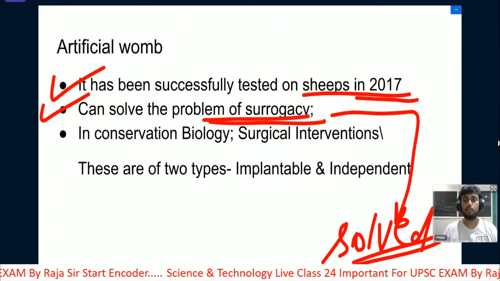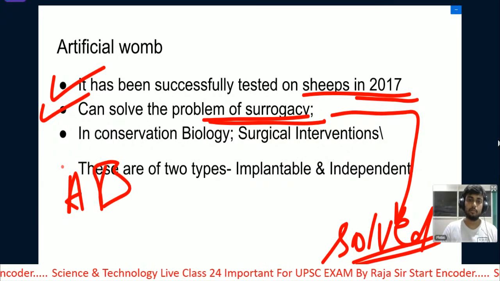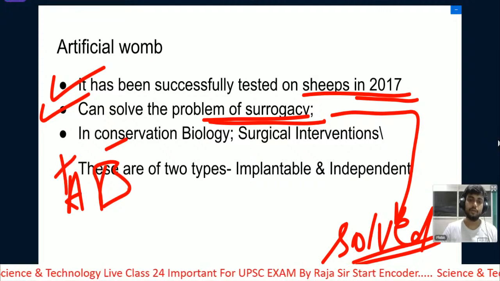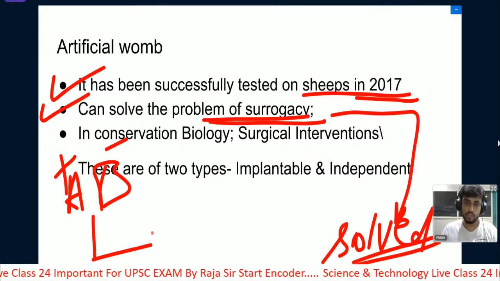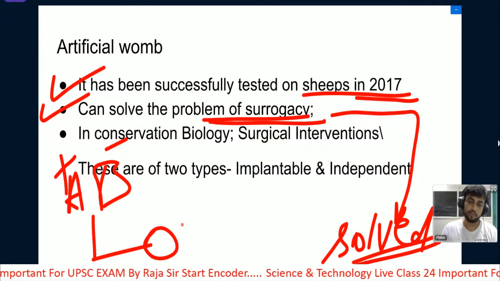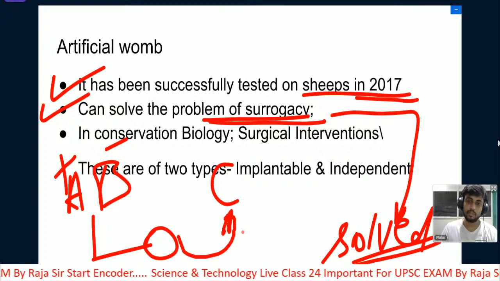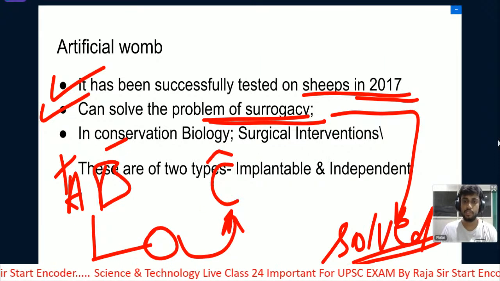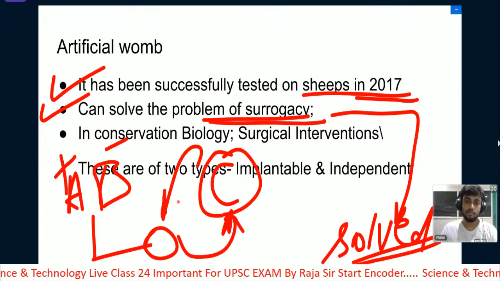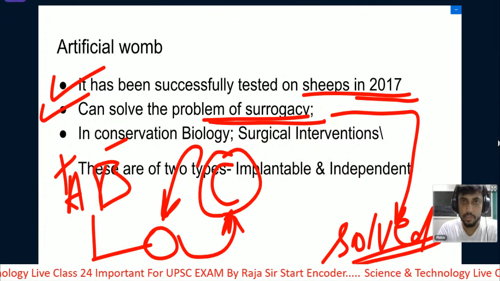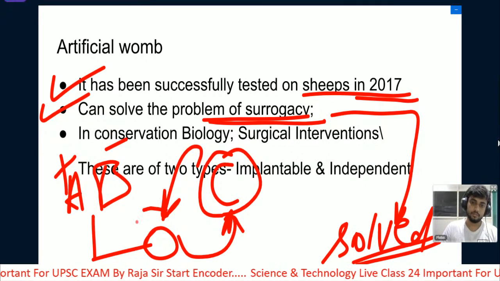There are certain problems related to surrogacy. If A and B are a couple, A is a male and B is a female, and they have used the IVF technology, their zygote is formed inside a laboratory and inserted inside the body of a third person, who is C. Some kind of emotional attachment develops with this person.